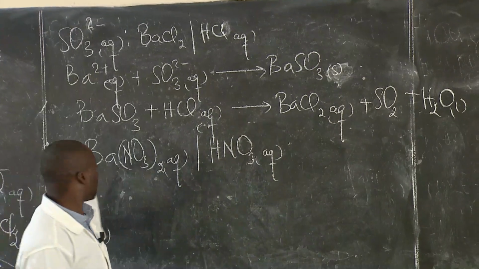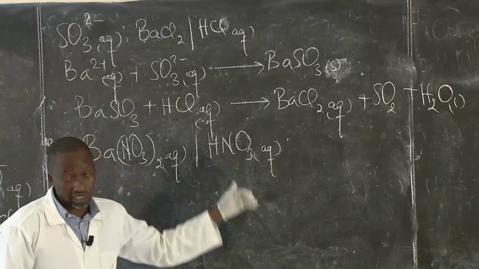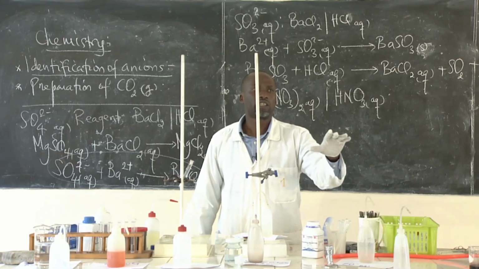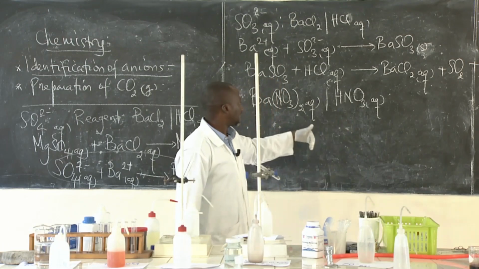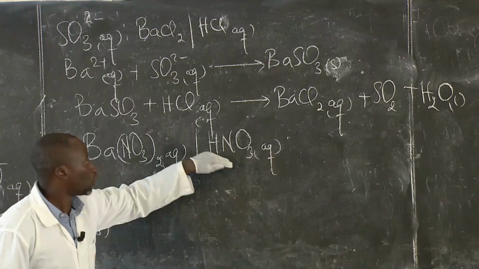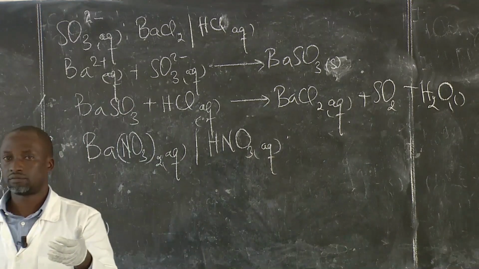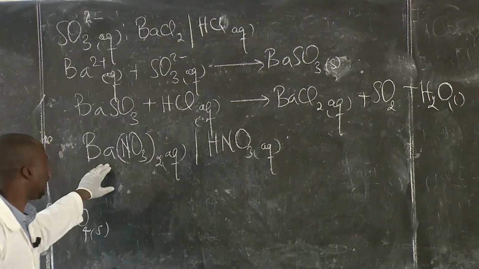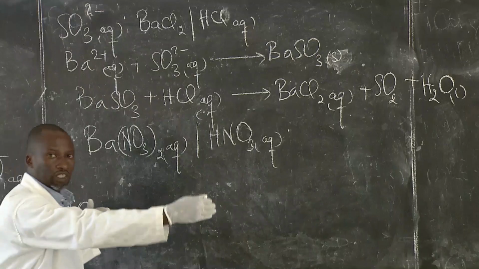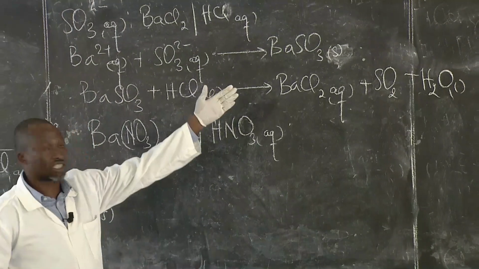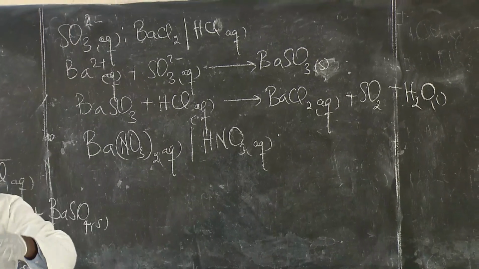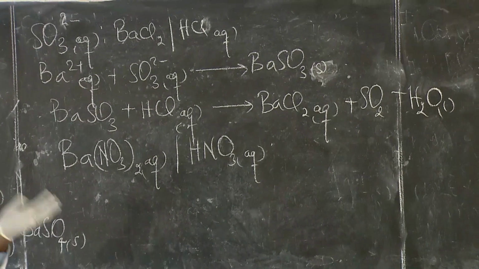So that means if we use barium nitrate and nitric acid and we react it with the sulfate, the white precipitate persists even when we add nitric acid. When it is a sulfite and you add barium nitrate, the precipitate of the barium sulfite will form, and when you add nitric acid, still the precipitate will disappear.